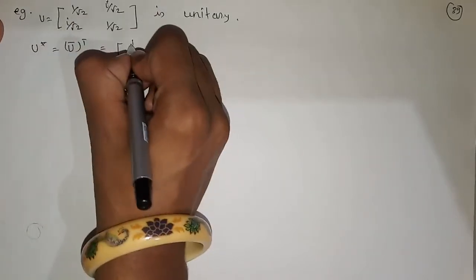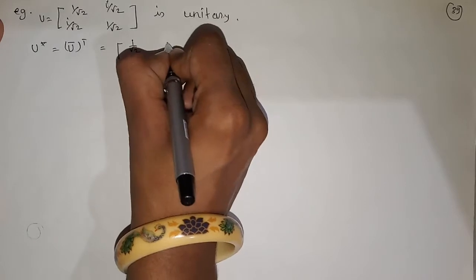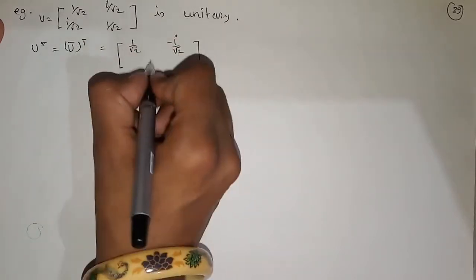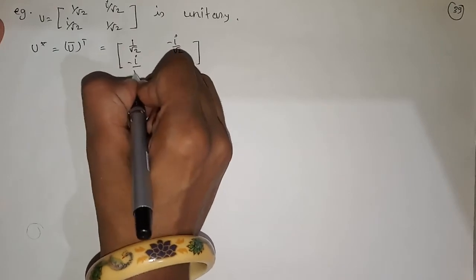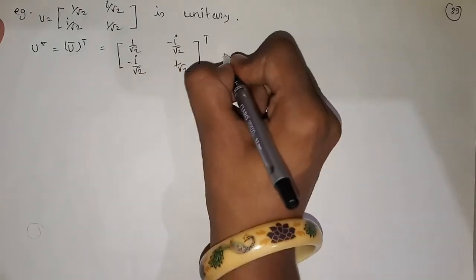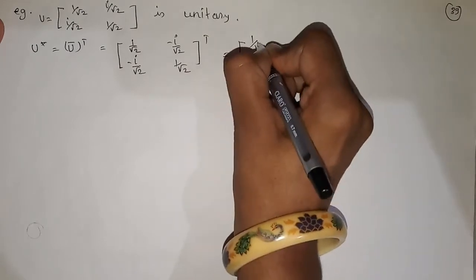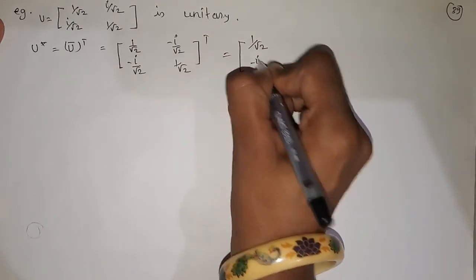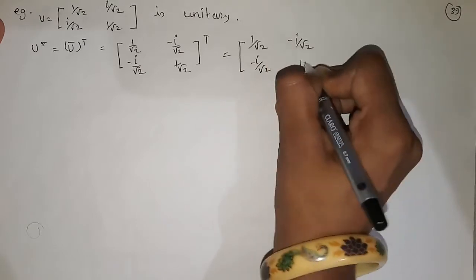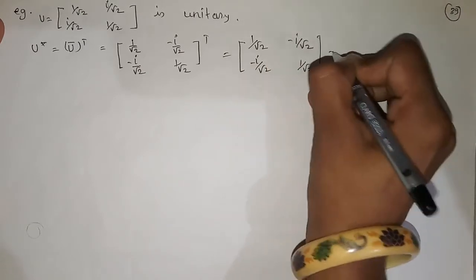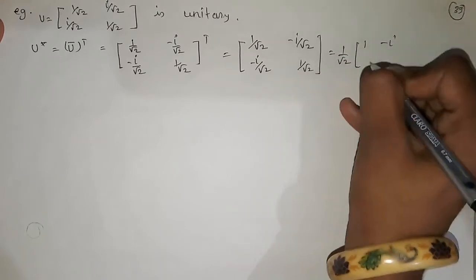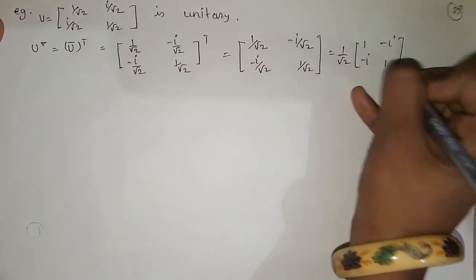So 1 by root 2 is real number, so this remains the same. This is minus i upon root 2 because this is imaginary number, minus i by root 2 and 1 upon root 2, its transpose. So this becomes 1 by root 2, minus i by root 2, minus i by root 2, 1 by root 2, or I can take 1 upon root 2 outside, so this becomes 1 minus i, minus i 1.